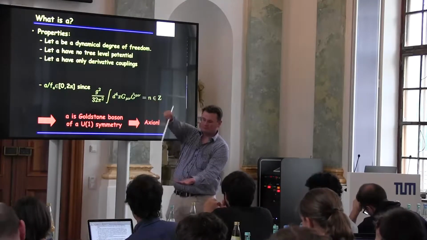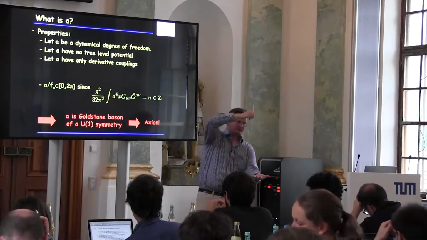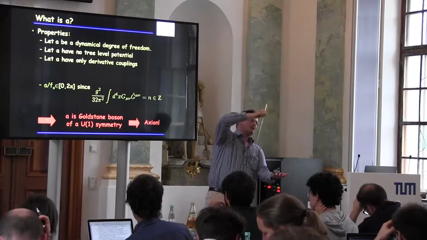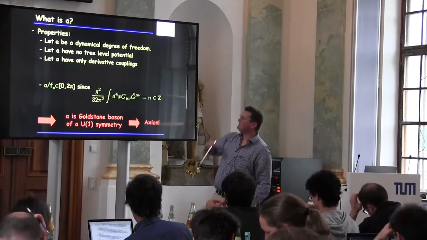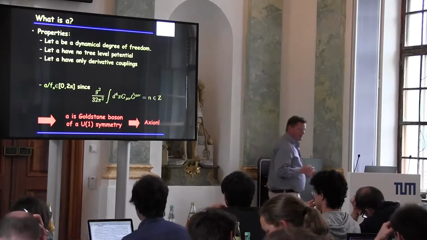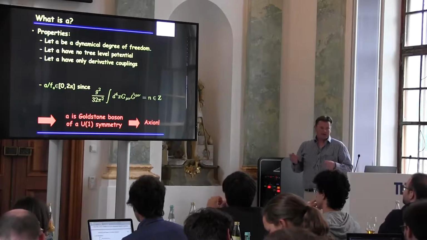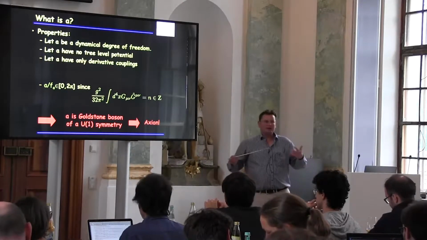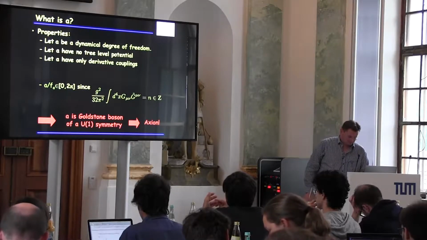Going along the bottom of the potential, because it's a symmetry, all field values are equal, they all have the same energy, and that means Goldstone bosons do not have a tree-level potential. So in that sense, it's clear that a Goldstone boson is a suitable kind of particle to make an axion.